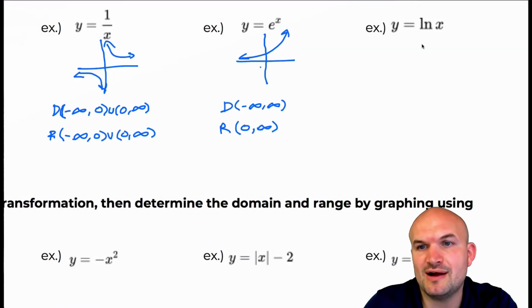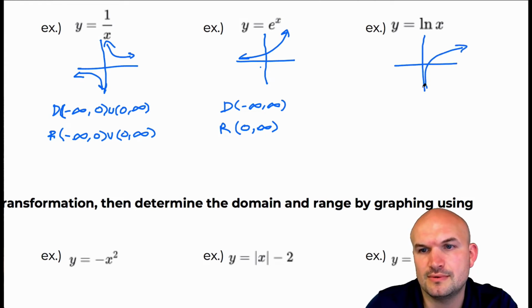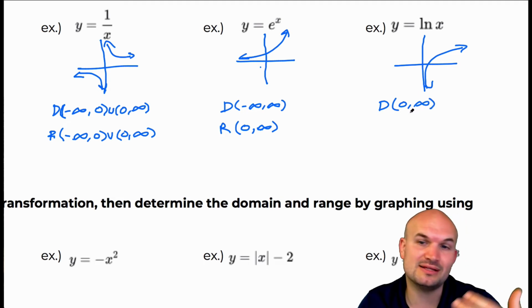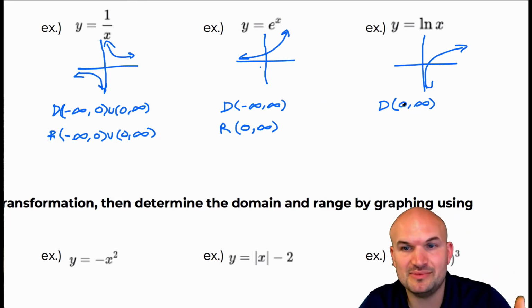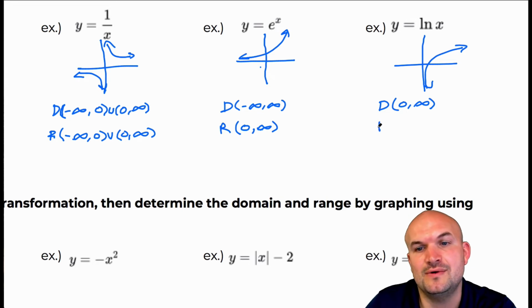So for the ln graph, I'm just going to sketch something like this. And we'll say that the domain is, again, from 0 to infinity. Again, I have to use the parenthesis, not the bracket, because 0 is not a defined value. And then my range is going to be from negative infinity to infinity.